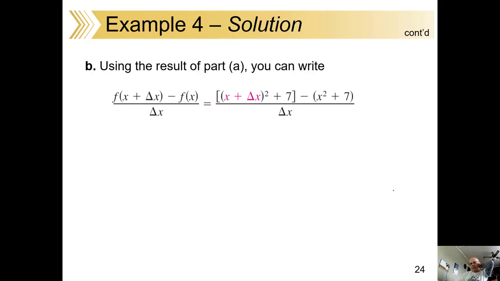Okay, so this says the result of part A, you can write this. Okay, what we did was, remember our function, because this wasn't carried over here, our original function f is x squared plus 7.